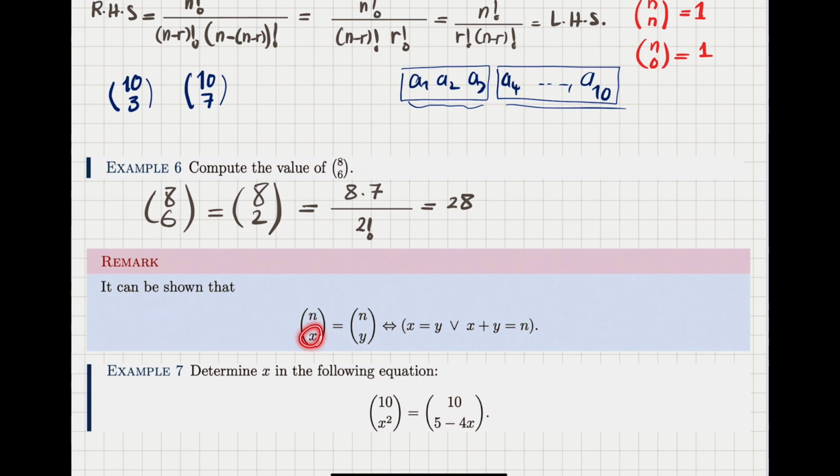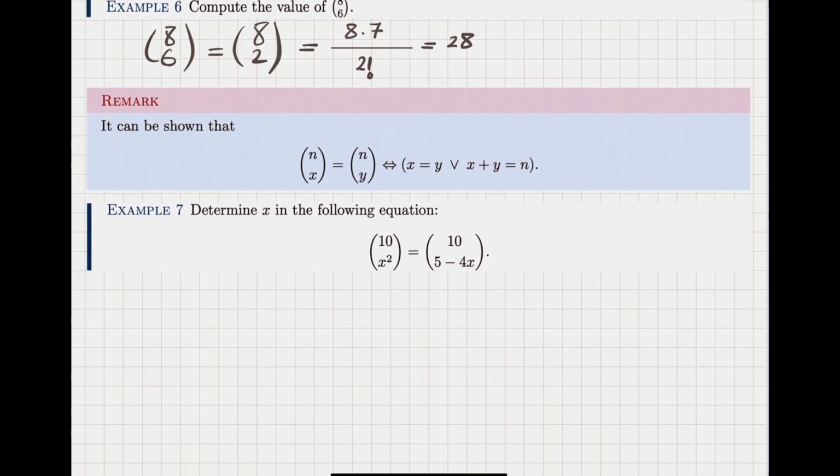Either these 2 numbers are exactly the same, or, this means or, they add up to the top number. Okay, the proof of this part is very simple, you can do it. The proof the other way around is a little bit technical. But let us ignore that, okay? I just want you to make things complete, so this is why I'm mentioning it.